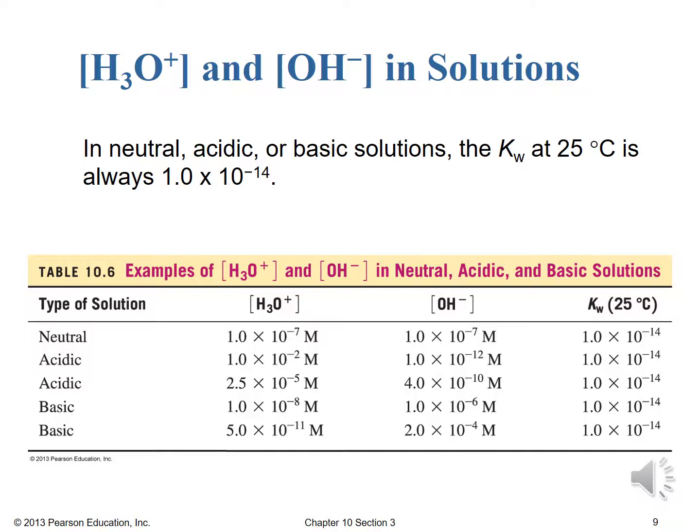This is really useful information because now we can figure out not just for pure water, which has equal H3O plus and OH minus concentrations, but even for an acidic or basic solution, if it's water-based, the H3O plus and OH minus concentrations at 25 degrees Celsius based on Kw.